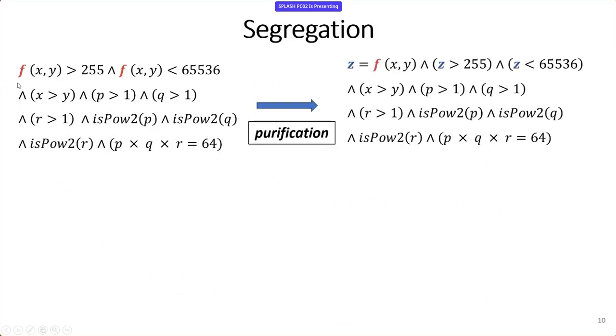Next, I'm going to show you every step of this algorithm with an example. Take this example constraint where f is a closed box function. The first step of segregation is to purify. We introduce new variables. Here we introduce z and equate it with f of x, y, and then replace all other occurrences of f with this variable z.